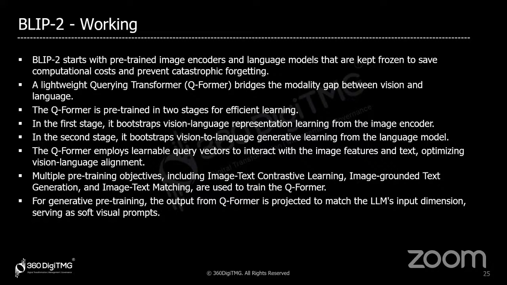For generative pre-training, the output from the Q-Former is projected to match the LLM's input dimensions, which will serve as soft visual prompts.